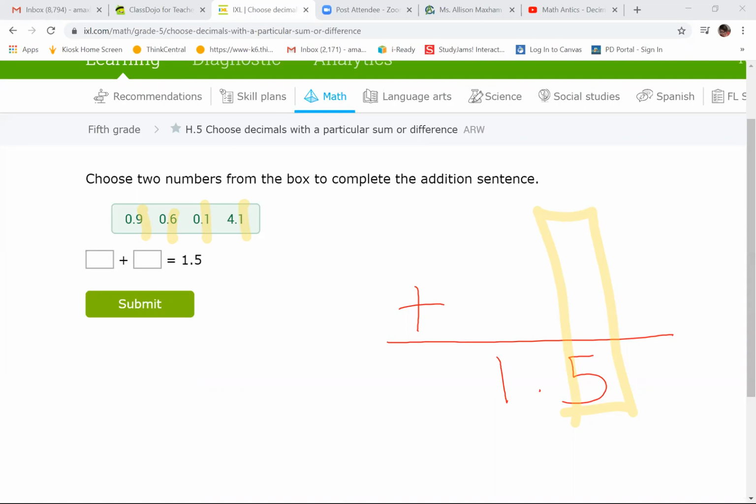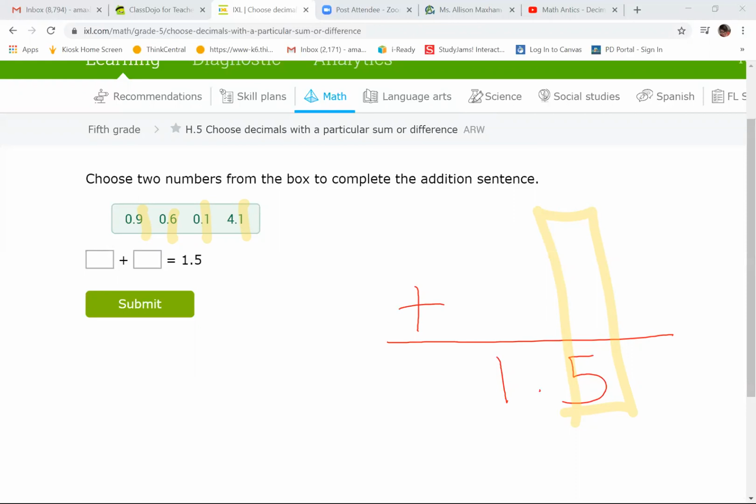What is going on? I think I heard somebody say that they're going to have to regroup. And you know what? I think you might be right about that. So what two numbers, when I add them up, have a 5 in the end?